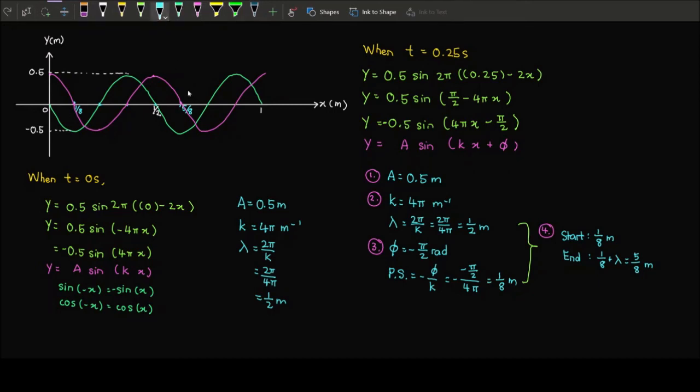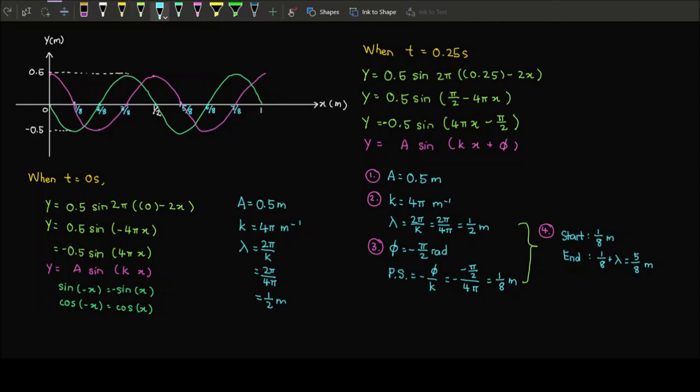So if that's 1/8, then here should be 2/8, 3/8, 4/8, 5/8, 6/8, 7/8, 1. Okay, well, now you should be happy enough. All the positions are labeled. Sorry, it's position, not time.